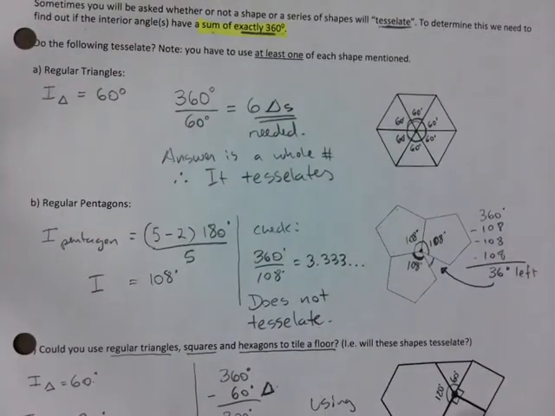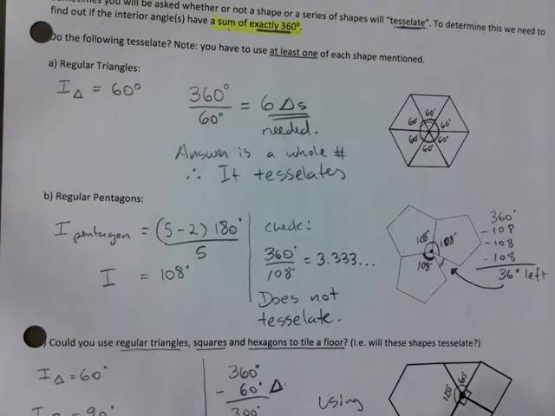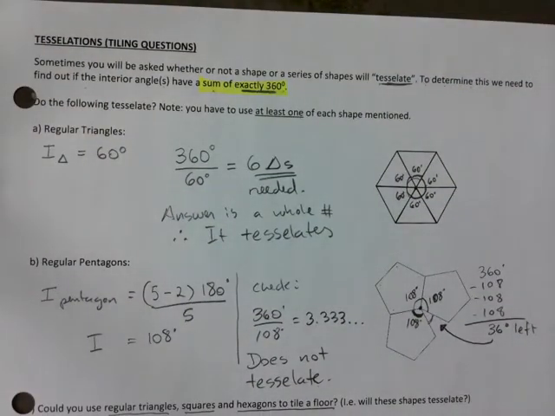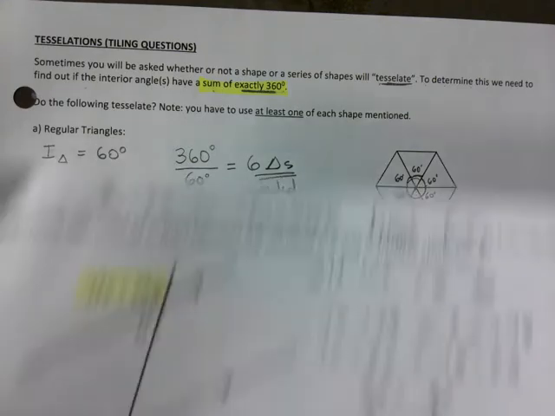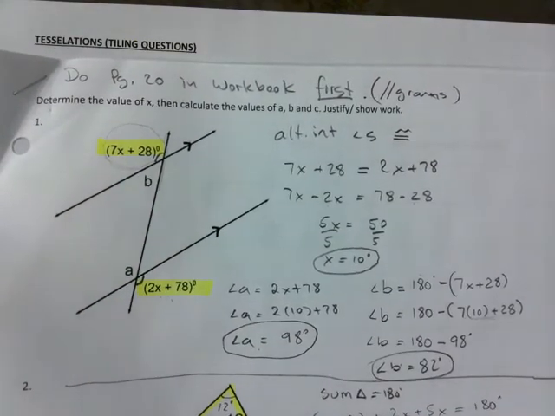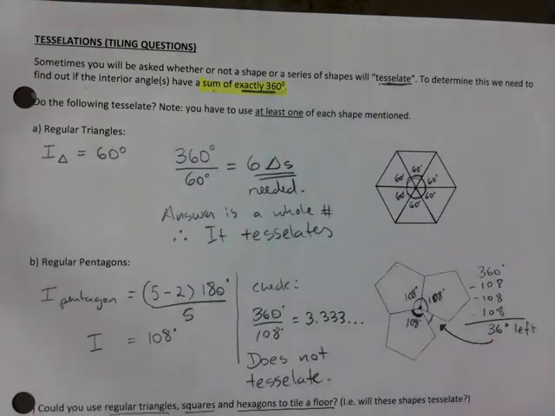I gave you this handout on tiling, so have that out just in case. And then there's the other handout that looks like this at the front, have that out as well. So have both of those out.